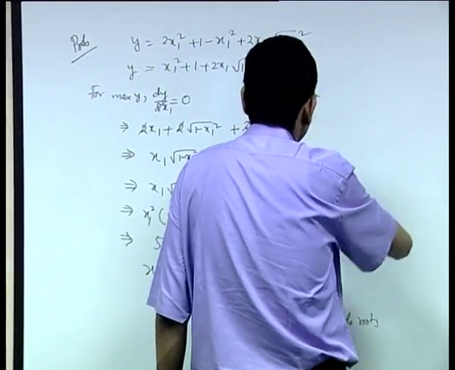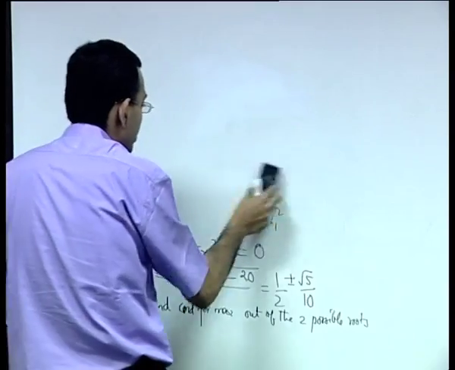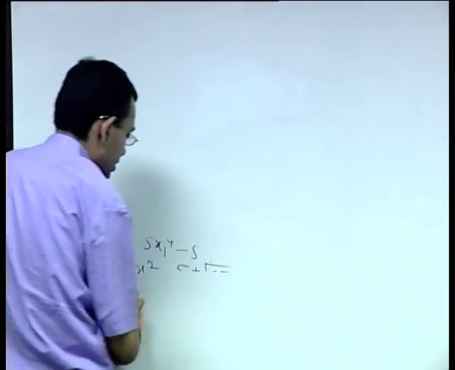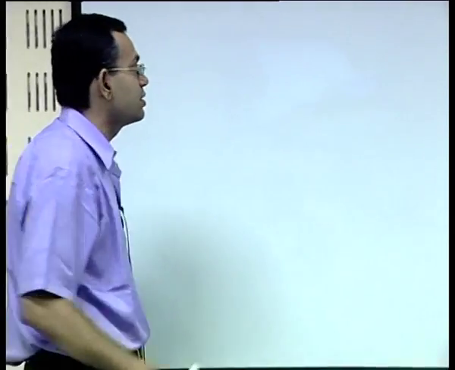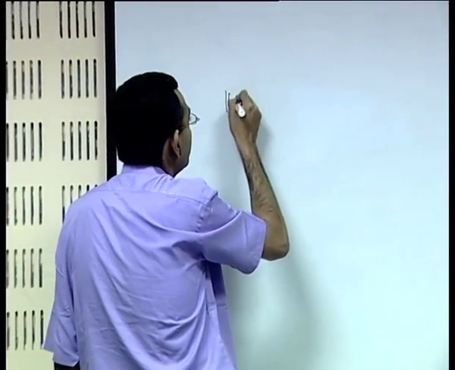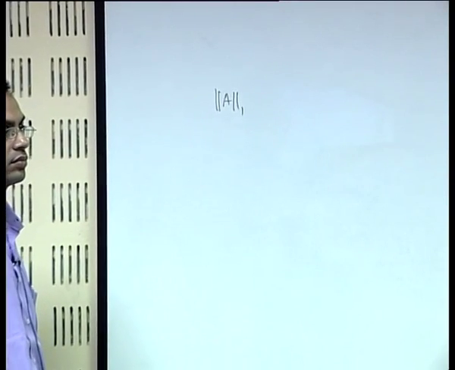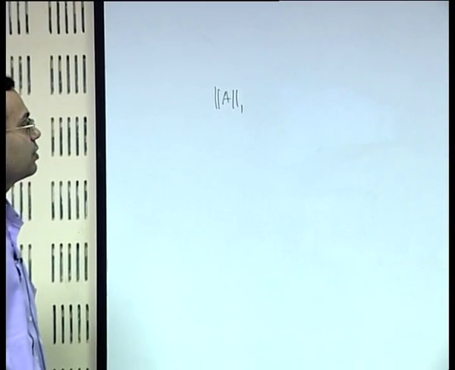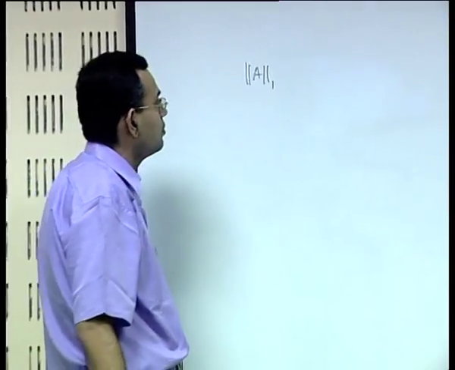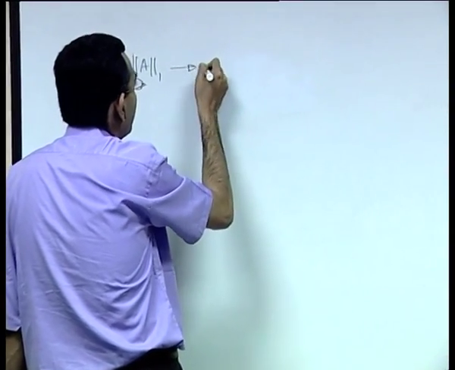Now, as I mentioned, there are certain norms which are preserved for matrices, those are the first norm and the infinity norm. So, the first norm of A is called the column sum norm.